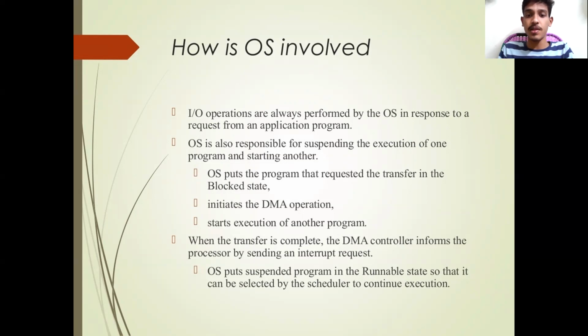When the transfer is complete, the DMA controller informs the processor by sending an interrupt signal to let it know that the transfer is completed. The OS puts the suspended program in a runnable state so that it can be selected by the scheduler to continue execution. Whenever it is in a runnable state, CPU time will be allocated to that program and it starts execution.